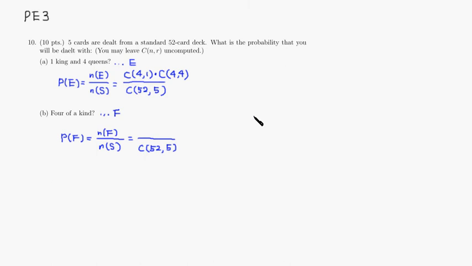All right, so 4 of a kind. In order to choose a 4 of a kind, you have 5 cards, 1, 2, 3, 4, 5, but 4 of the cards are of the same kind. The last card could be any card.